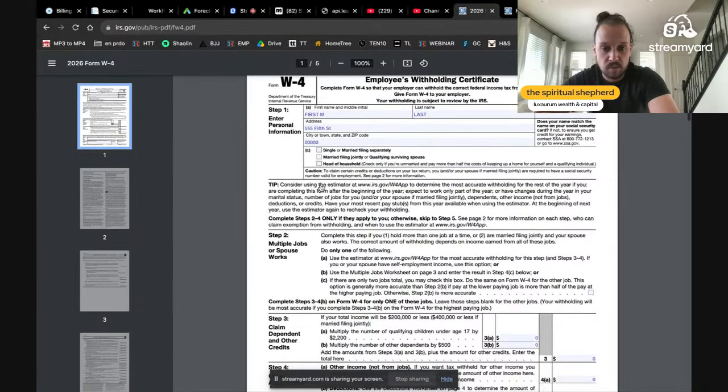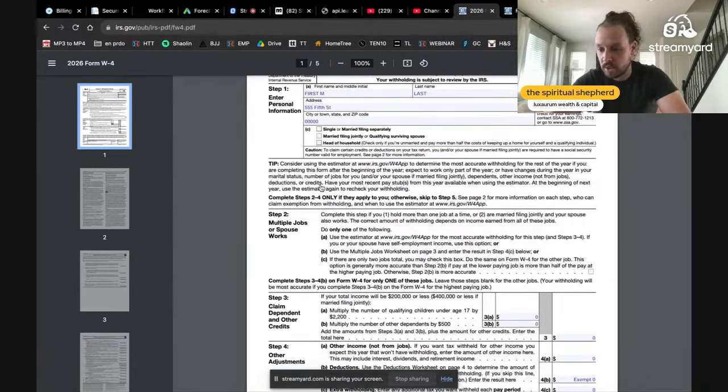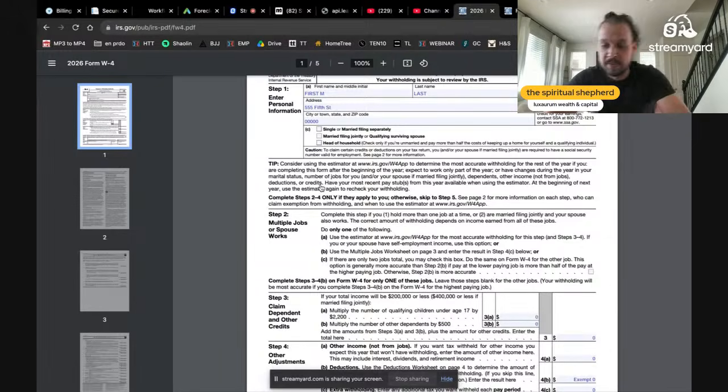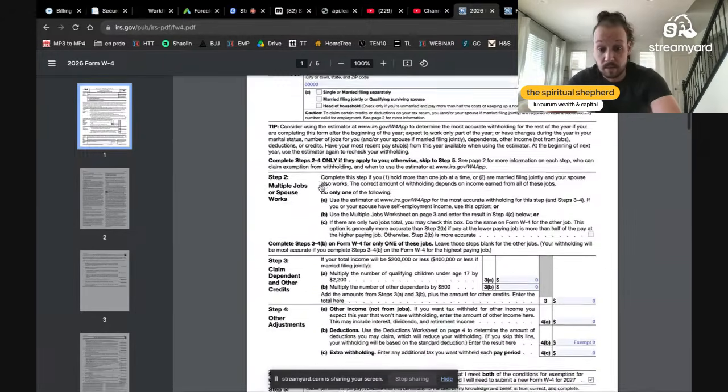Now, ultimately, the biggest thing that you guys can do is the main thing on the W4 is step 4.